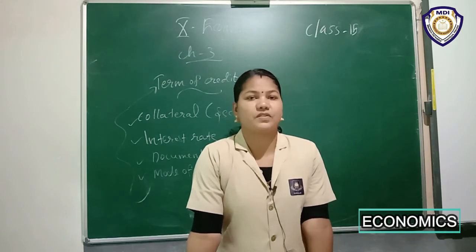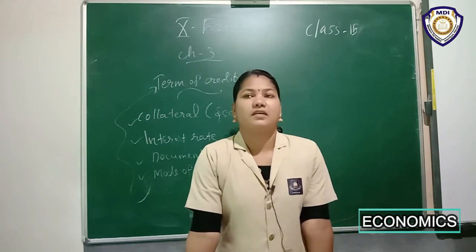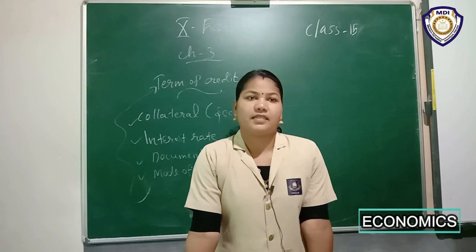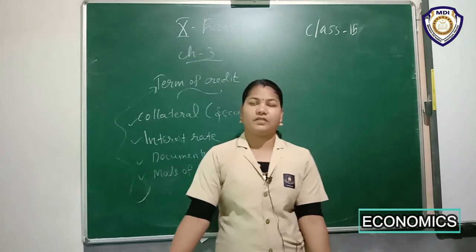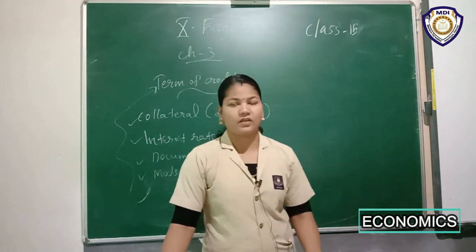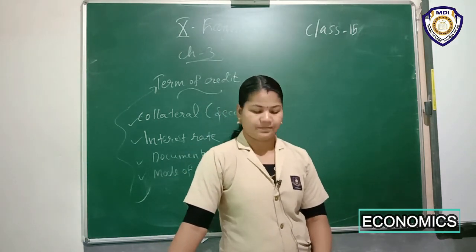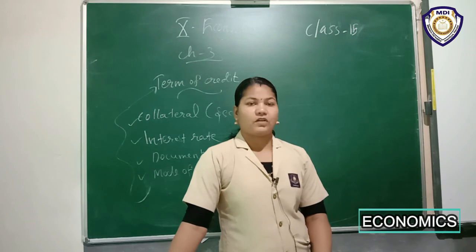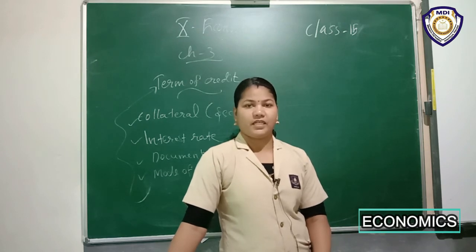This collateral is used for taking a loan from the bank, and finally they can take the loan from the bank. If they repay the loan speedily, they can take another loan from there. Okay, that only. All of you read your textbook very carefully.